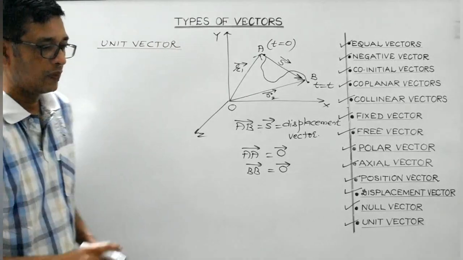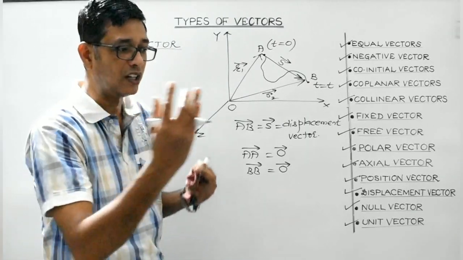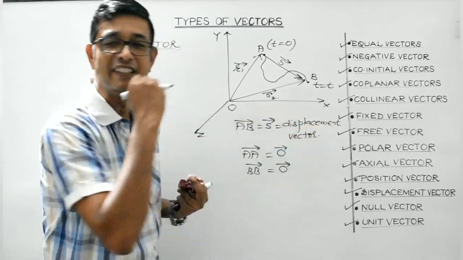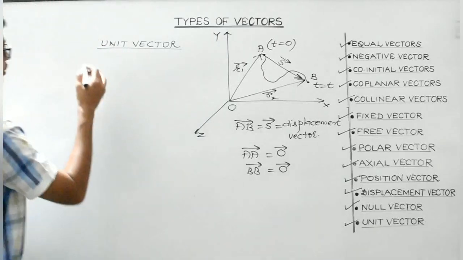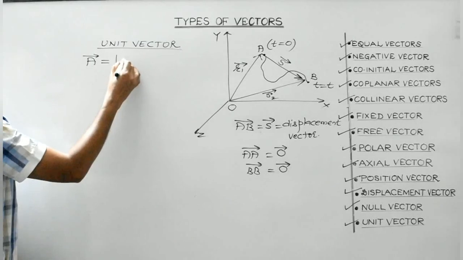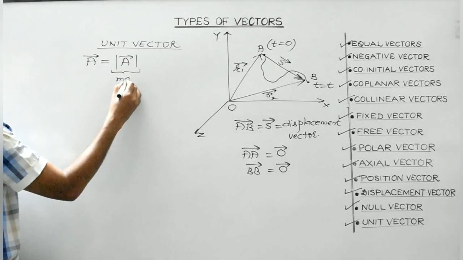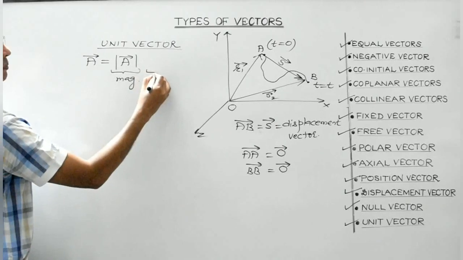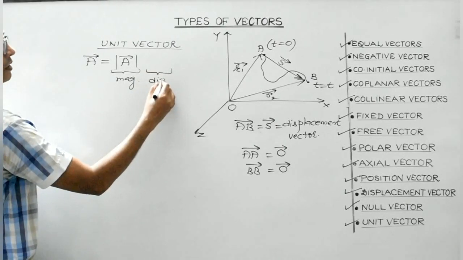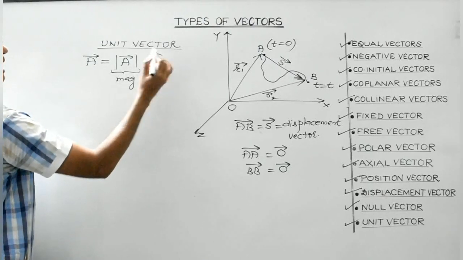Now look, as I've told you, students, any vector has got two parts. One is the magnitude, the other one is the direction, right? So, suppose this is a vector. It has got two parts. One is magnitude, and the other part would be direction. And its direction can be represented like this, a cap.